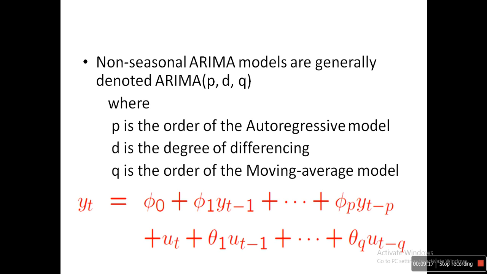Let us suppose I give d equal to 1, then in place of yt minus 1 I refer to yt minus 1 minus yt minus 2. The successive data differences are what we consider for the d value. So d, again, is the degree of differencing, meaning how many differences we consider.